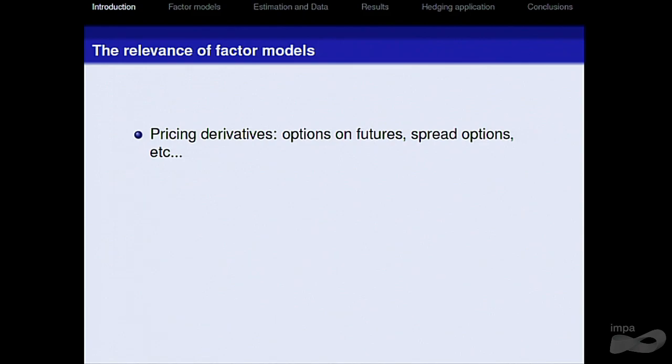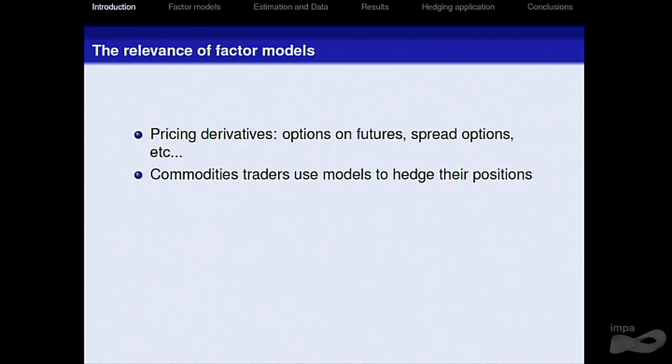The relevance of this kind of models is for pricing derivatives, options on futures, spread options. Moreover, commodities traders use these models to hedge their positions, and portfolio managers use them for allocation of their assets.